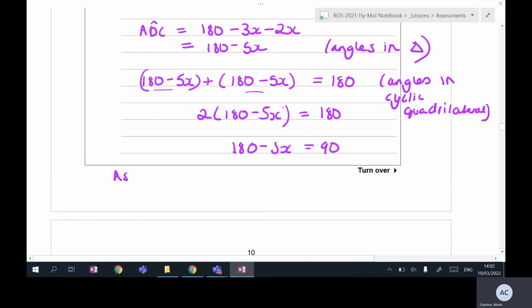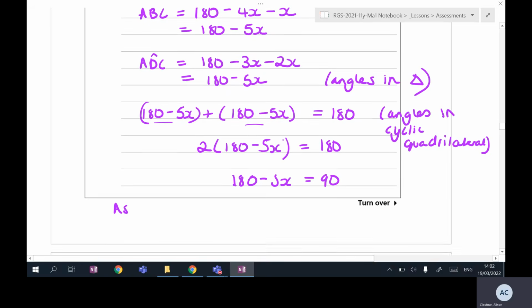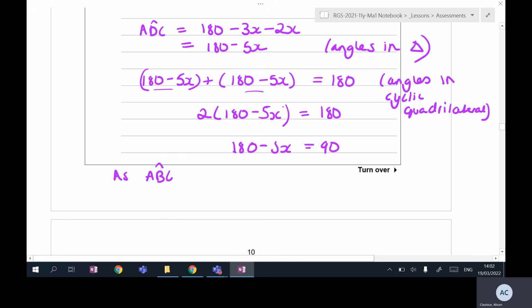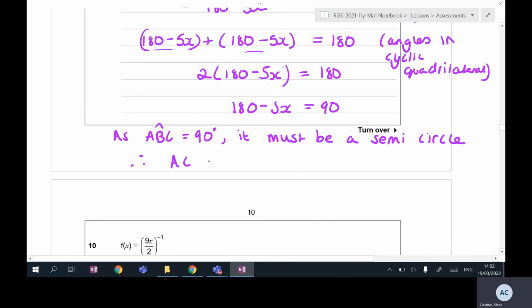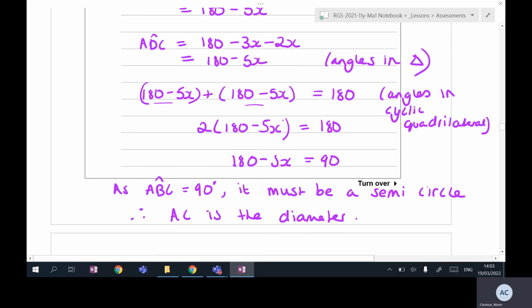So what we can say is, it doesn't matter which angle you pick, I'm going to go ABC is 90 degrees. It must be a semicircle. So therefore, AC is the diameter. Okay, so use a couple of circle theorems there. But if you're trying to show something's a diameter, it's usually going to be angles in a semicircle.